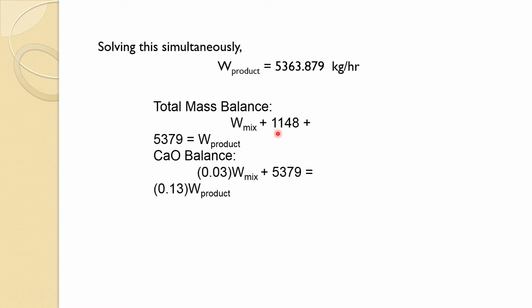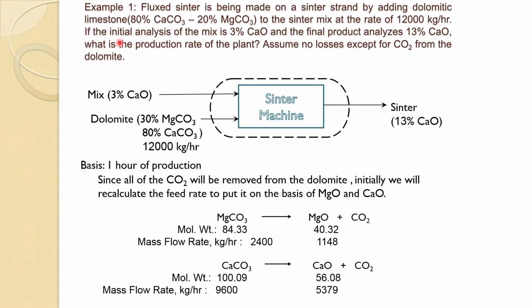So, total mass balance if we do it: W mix plus 1148 MgO plus 5379 CaO equals product. Now, for the CaO balance, W mix times 0.03, it is saying about 3% CaO in the mixture.